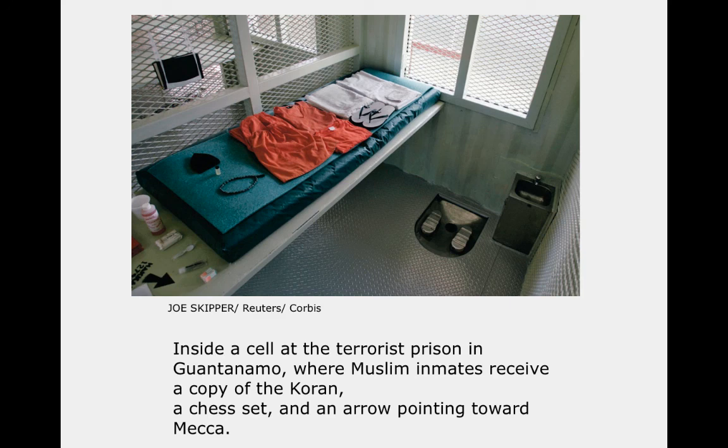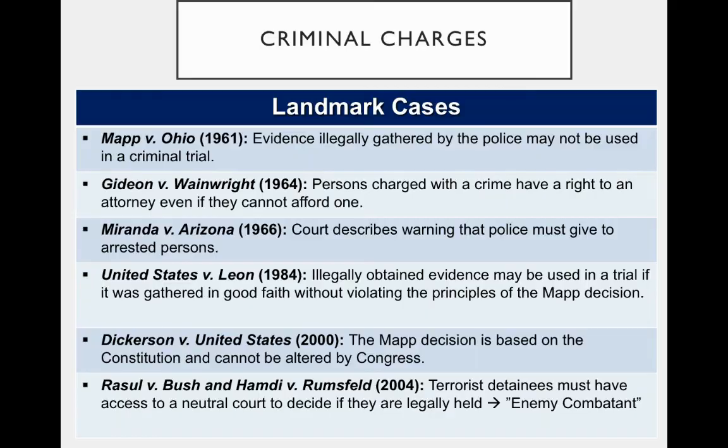Guantanamo Bay is where terrorists are kept and were kept. The Obama administration promised to get rid of it. They did not. And this really goes to the fact of people's rights possibly being violated if they are a terrorist. Landmark Supreme Court cases to take a look at, I'll let you read these on your own.